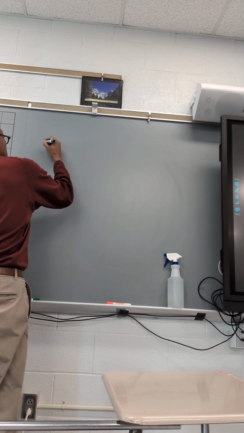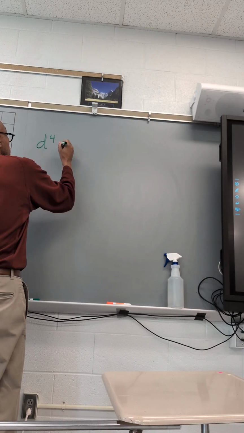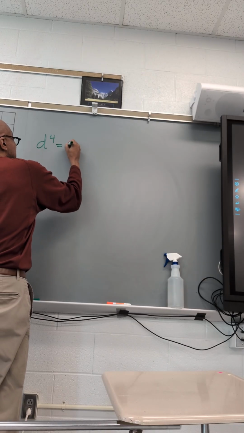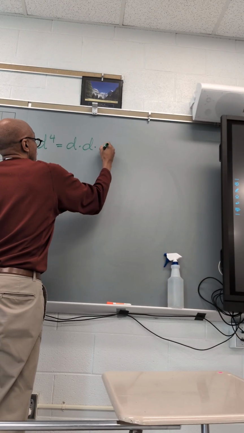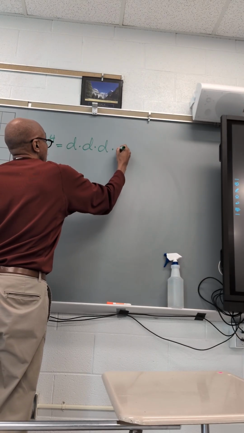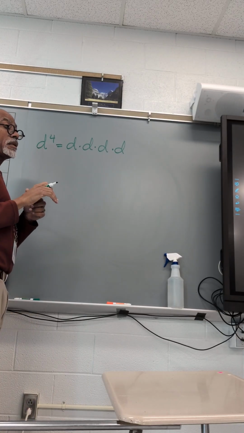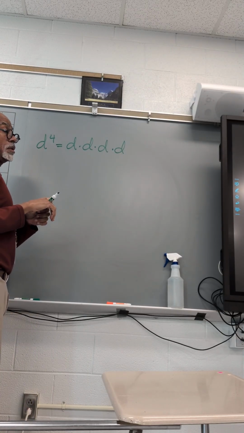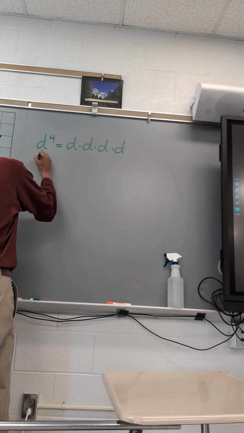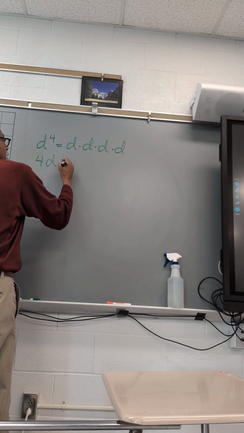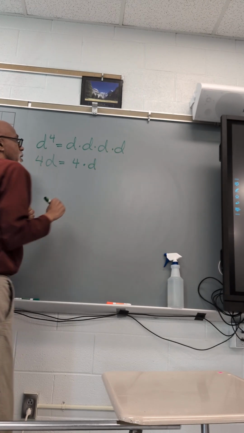When I have something that says, for example, d to the fourth, we must realize and remember that means it's d times d times d times d. That's d to the fourth. But 4d is just 4 times d.